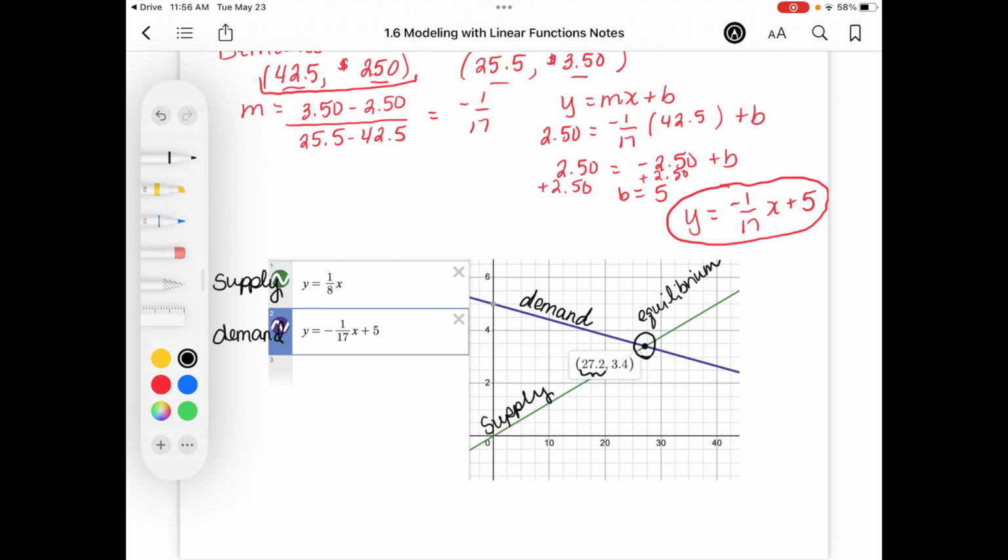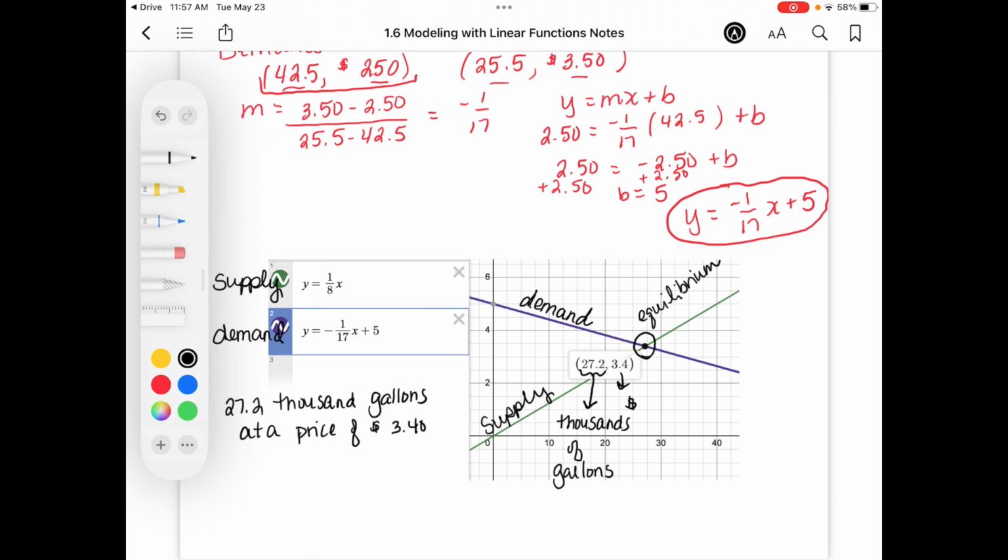Recall that the x value represented the thousands of gallons, and our y value represented the cost per gallon. So the equilibrium is 27.2 thousand gallons at a price of $3.40 per gallon.